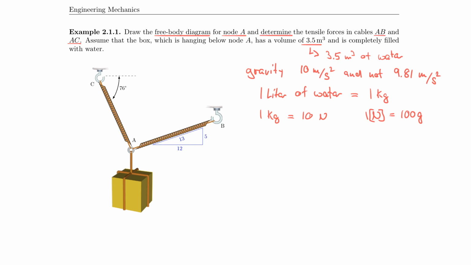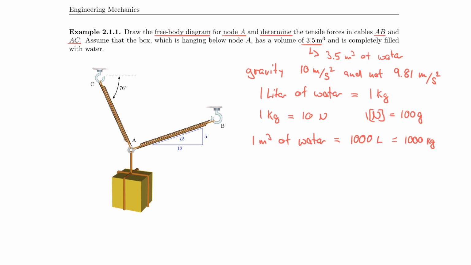That is very basic information that is covered in the very first lecture. However, you remember this, and therefore you can convert the 3.5 cubic meter of water into an acting force. So 1 cubic meter of water is really equal to 1,000 liters, right? And 1,000 liters times 1 kilogram is equal to 1,000 kilograms.